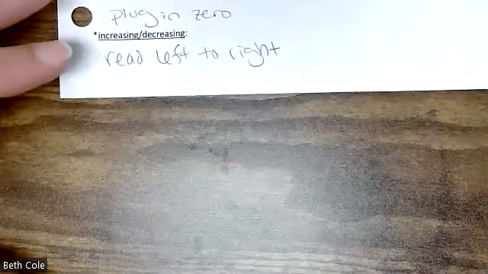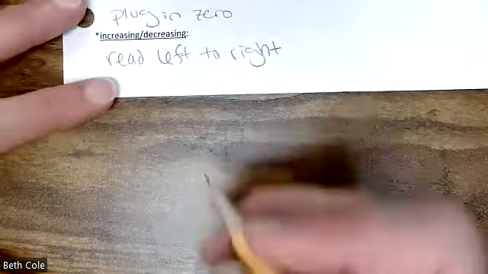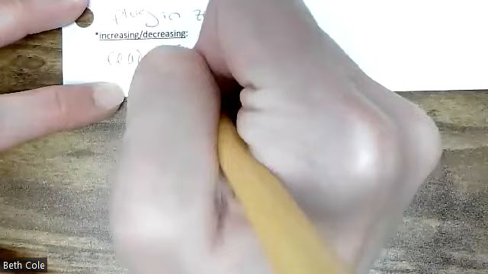Increasing and decreasing, you need to read left to right. That's really the only thing I have to say about that. If you want to extra make sure you read it left to right, maybe write x values. The only time people mess this up is if they use the y values instead of the x values. Because guess what? You walked through that door knowing what the words increasing and decreasing meant.